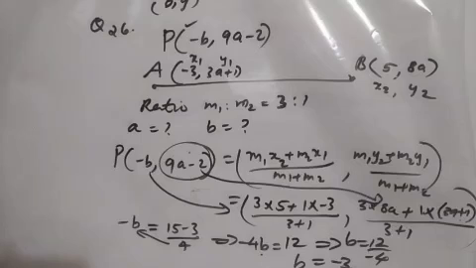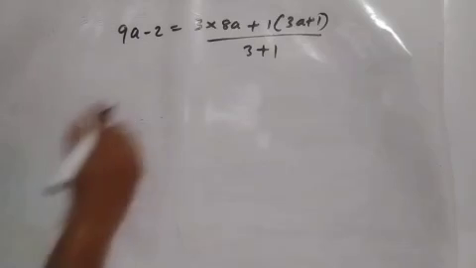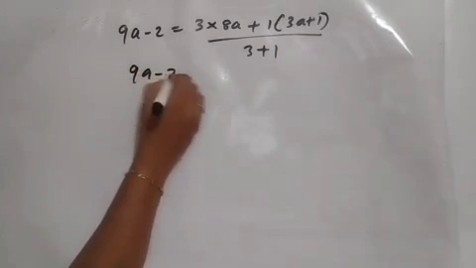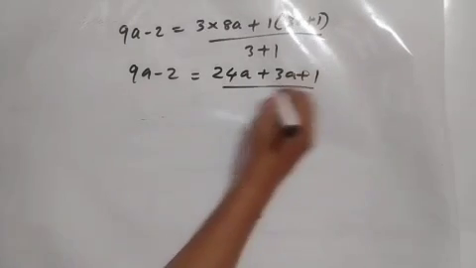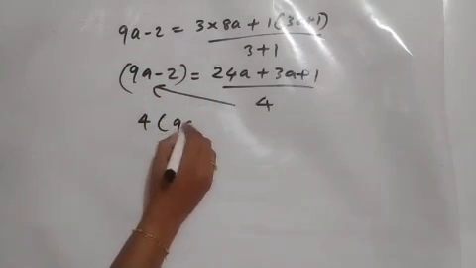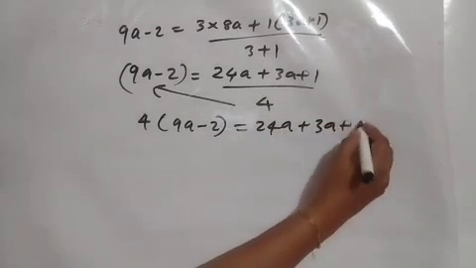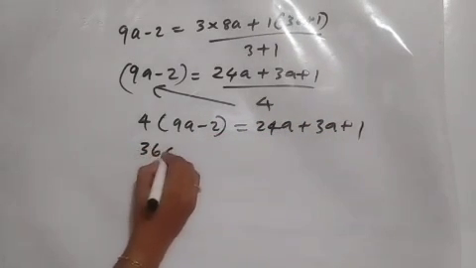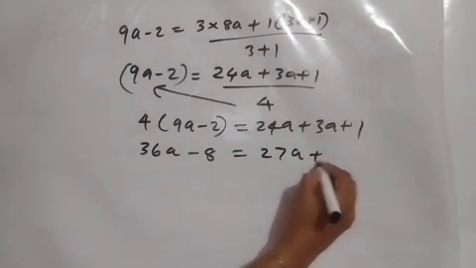Let us solve that also. 9a minus 2 equal to 3 into 8a plus 1 into 3a plus 1 by 3 plus 1. 9a minus 2 equal to 24a plus 3a plus 1 by 4. Cross multiply. 4 into 9a minus 2 gives 24a plus 3a plus 1. 36a minus 8 equal to 24a plus 3a, 27a plus 1.